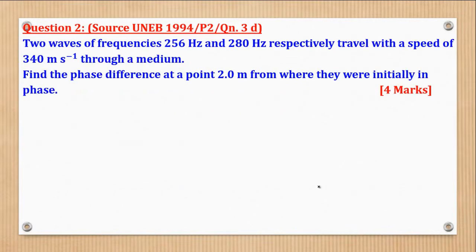Then question 2 came from UNEB of 1994, paper 2, question 3D, and it says, two waves of frequencies this and this, respectively, travel with a speed of 340 meters per second through a medium. Find the phase difference at a point 2 meters from where they were initially in phase.